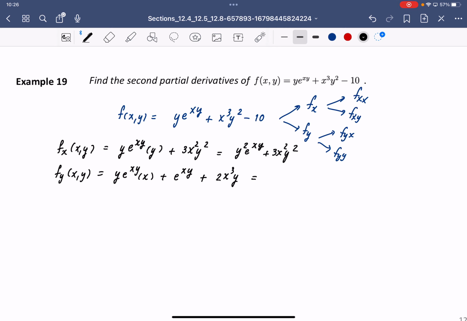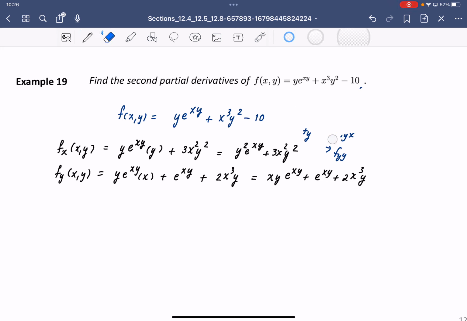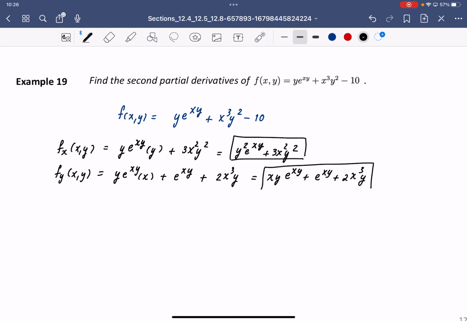And here you're going to have xy e to the xy plus, you can do xy plus 1 if you want to, but I'm not going to do xy plus 1, just keep it here, because the next step you're going to differentiate one more time. It's going to be more tedious. Okay. All right, so this is the first derivative. This is the second derivative.